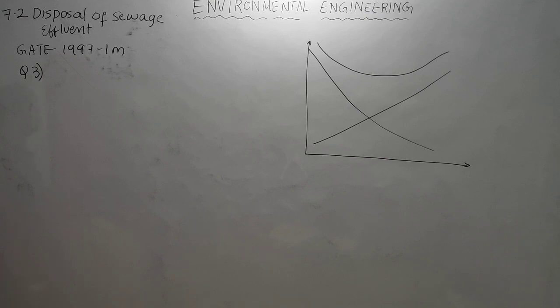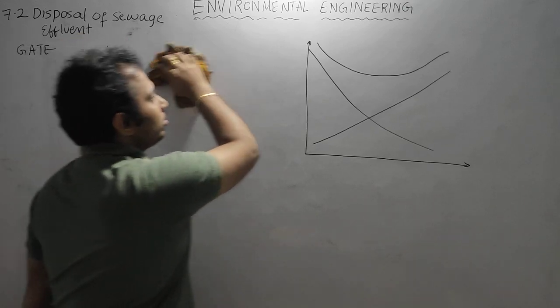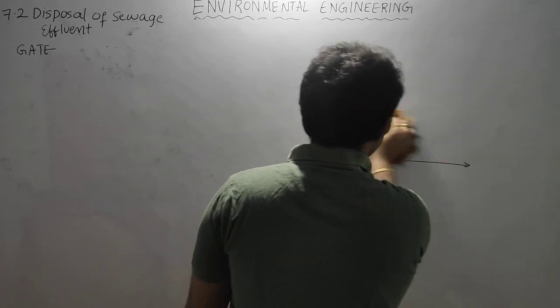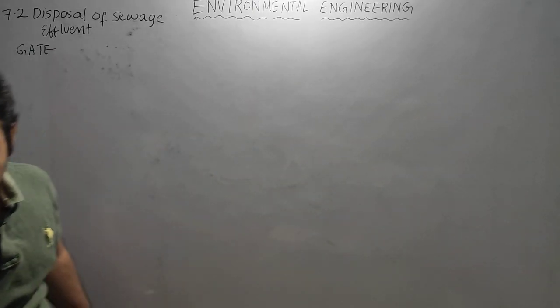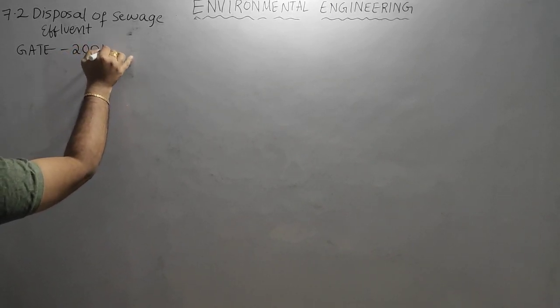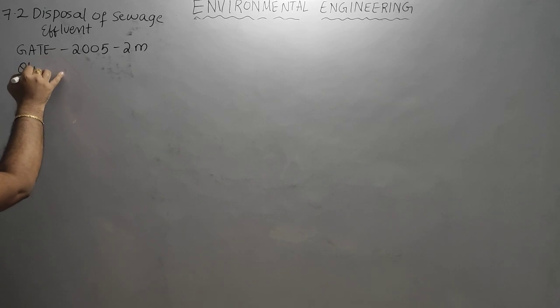Question number 4. GATE 2005, 2 marks. In a certain situation, wastewater discharged into a river mixes with the river water instantaneously and completely.